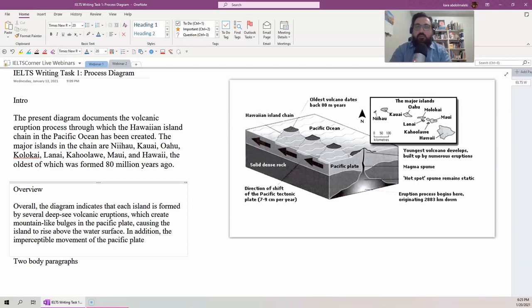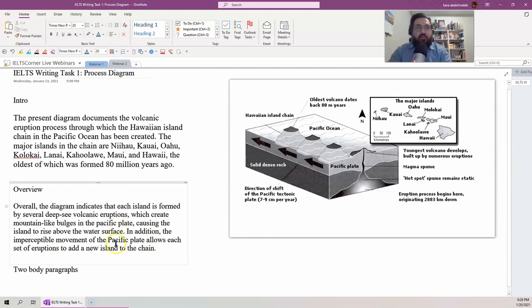And I'm paying attention here to the diagram, and I'm noticing that P is capital, right? So let's make P capital here. Allows each set of eruptions to add a new island to the chain.